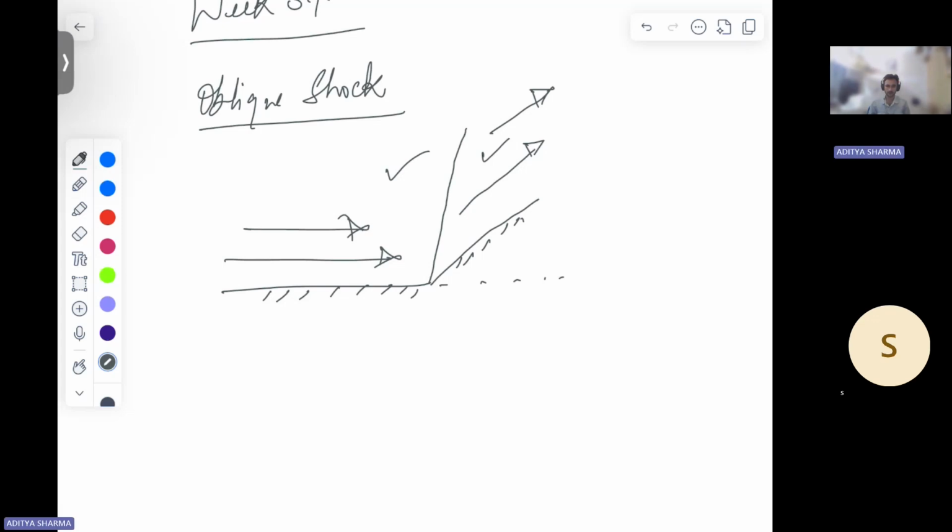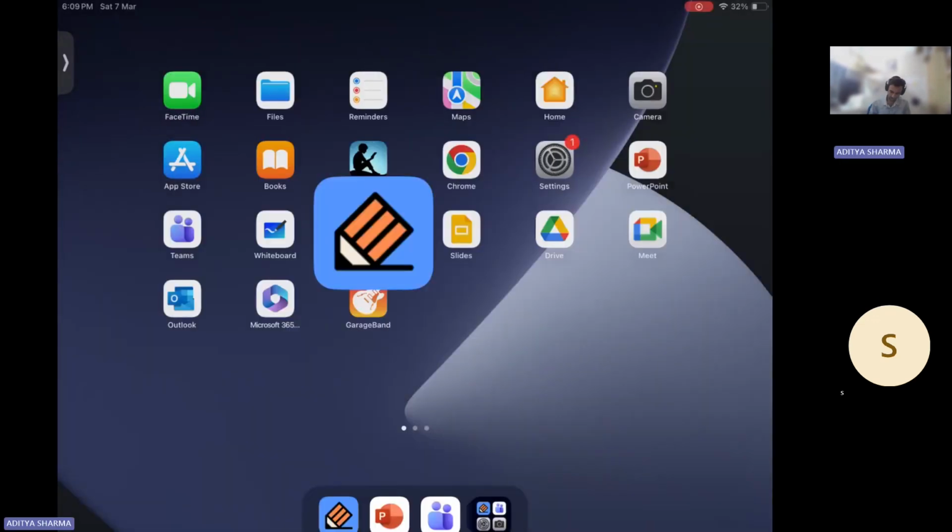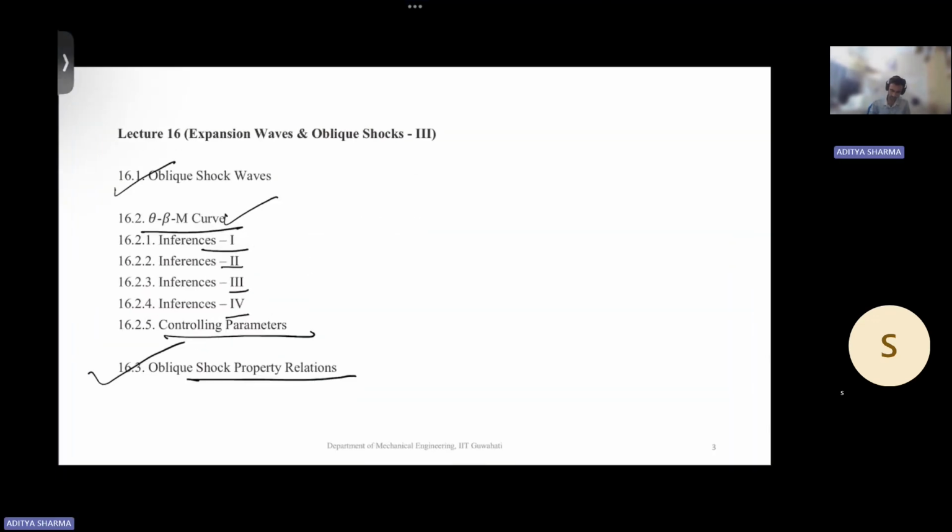Then we come to the theta beta M curve. So the next topic, if you see, is the theta beta M curve.